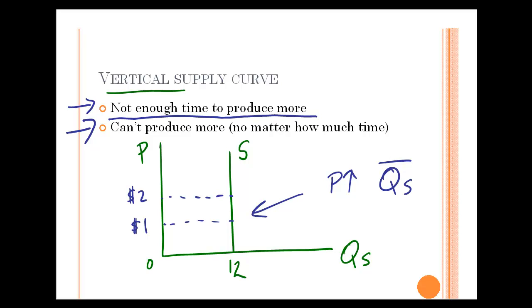There could be fakes, but not real, genuine Van Gogh paintings painted by Van Gogh. So the supply curve of Van Gogh paintings is vertical because we cannot produce more no matter how much more time we have. Even if price goes up from $1 million to $2 million to $3 million for a Van Gogh painting, it's impossible to produce more genuine Van Gogh paintings as that price goes up.